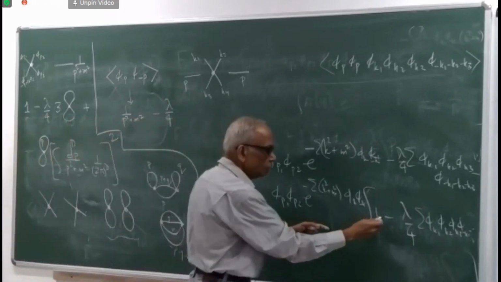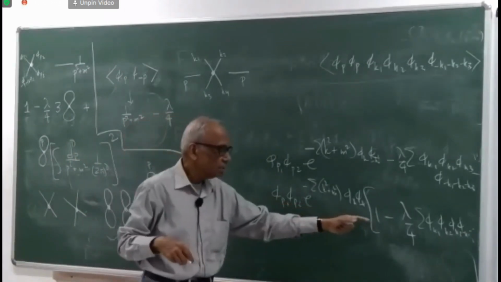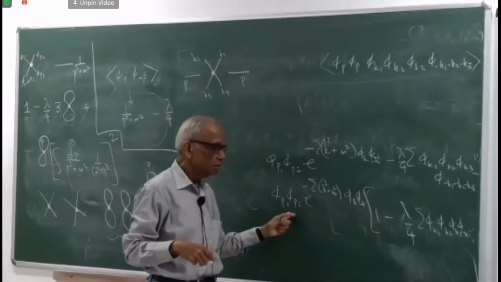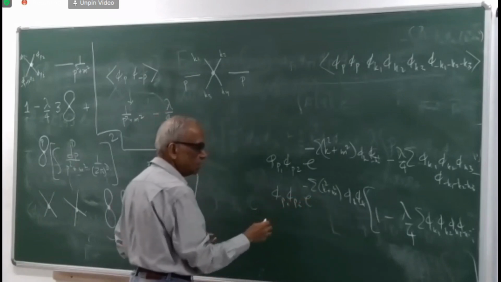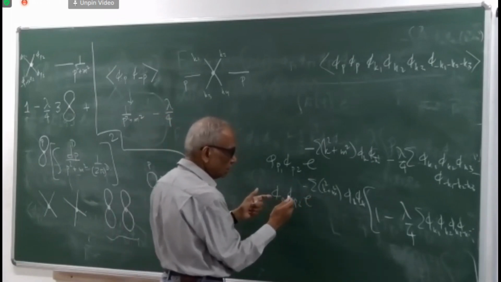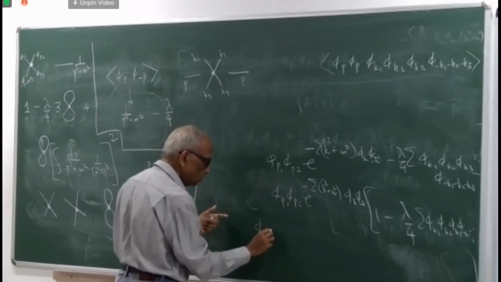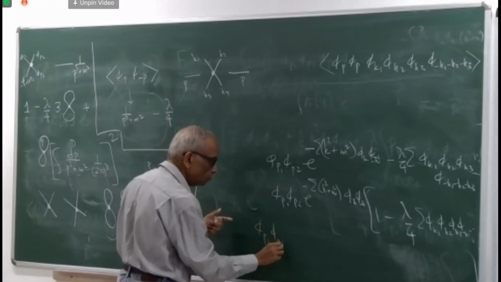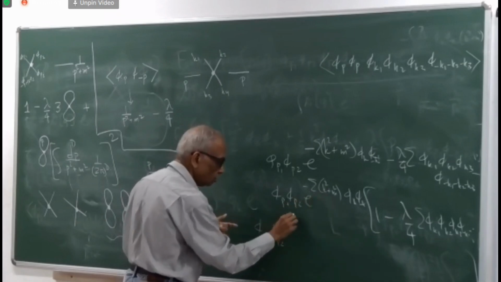If you multiply through, the first term is simply phi p1, phi p2, e to the power minus this thing.